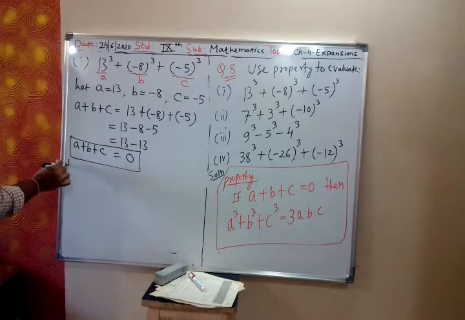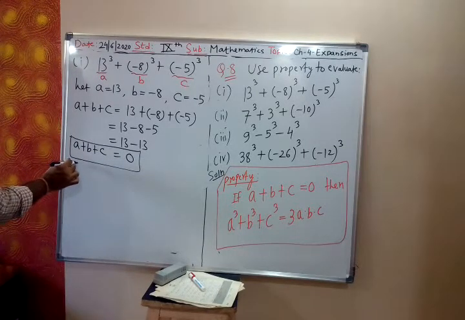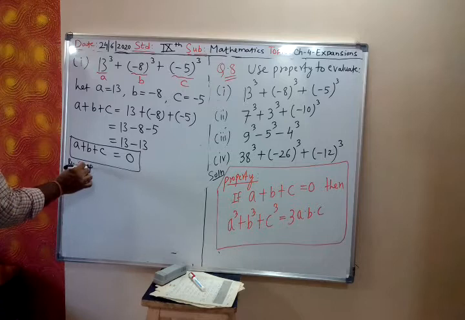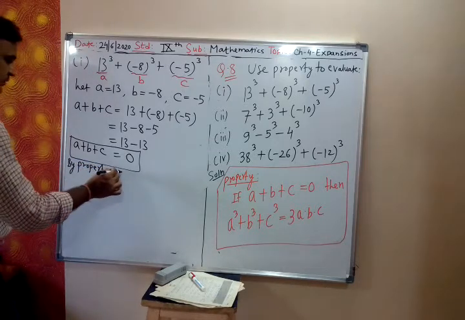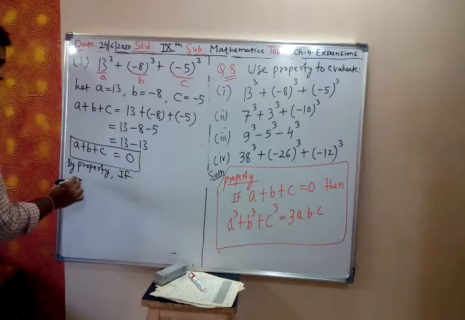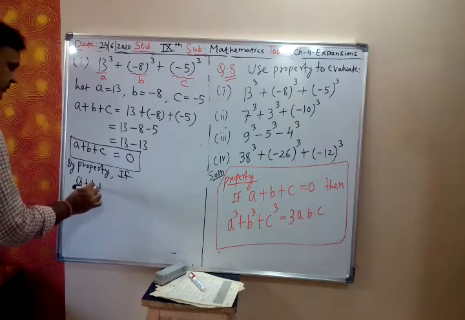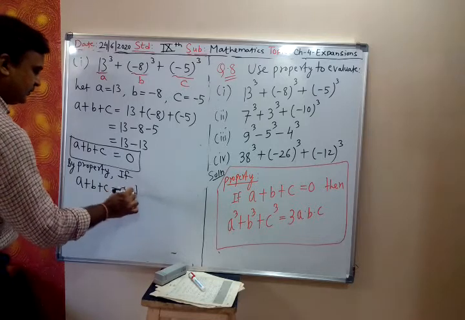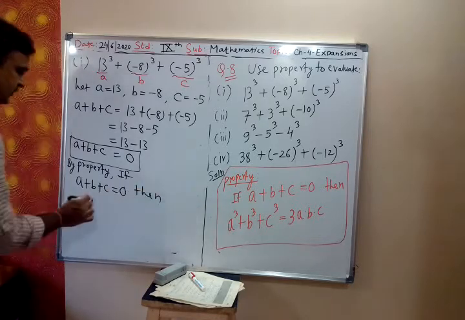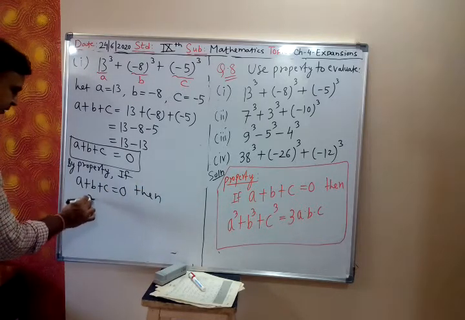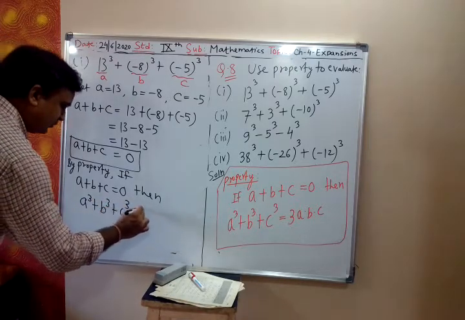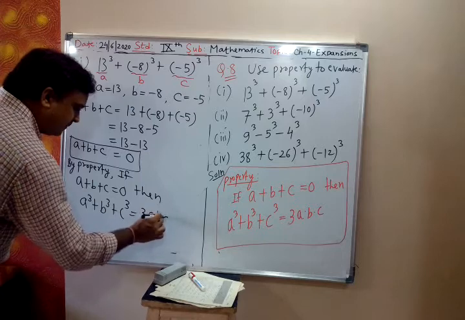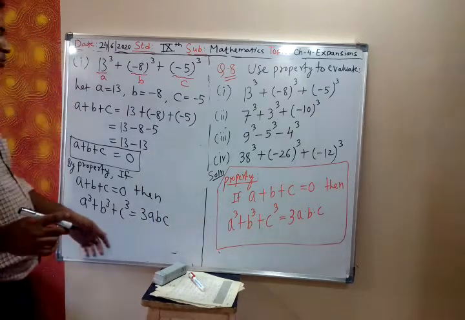By the property, if A plus B plus C is 0, then A cube plus B cube plus C cube is equal to 3abc, 3 into A into B into C.